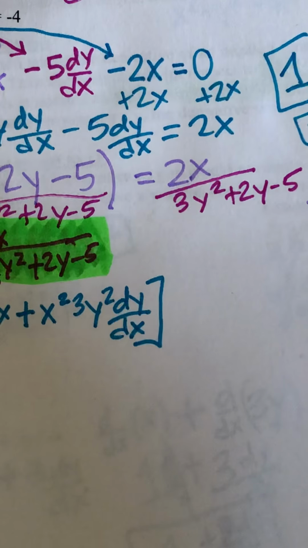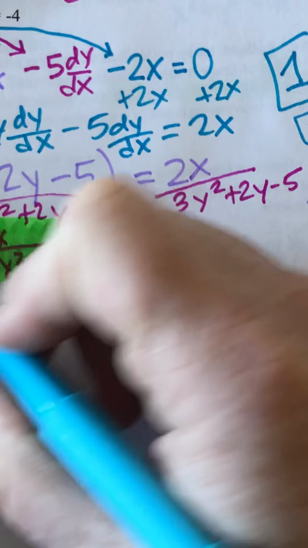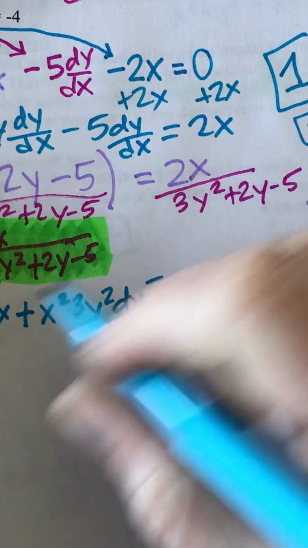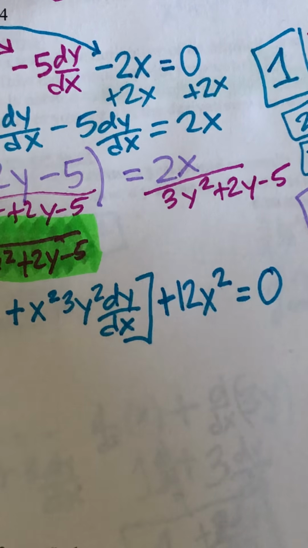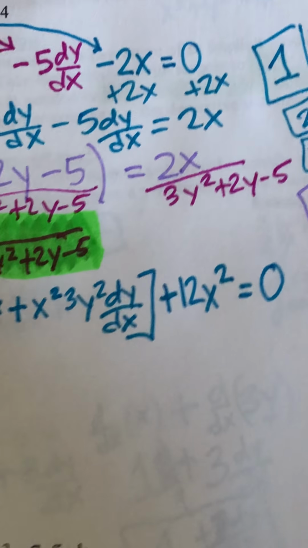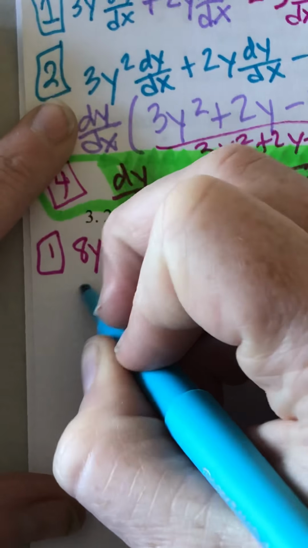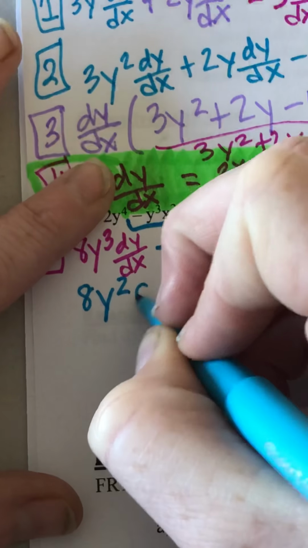All right, then moving on. I have plus 4x to the third, so that derivative is 12x squared equals, and the derivative of 5 is 0. So let's simplify this derivative before we move on to step 2.